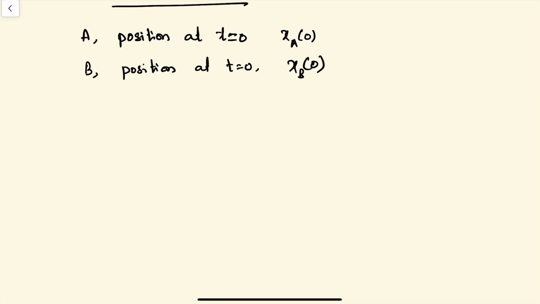The position XA at time t is XA naught plus VA into t, since position is velocity into time.